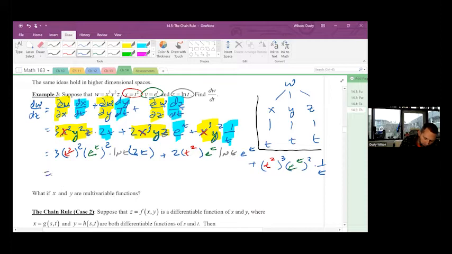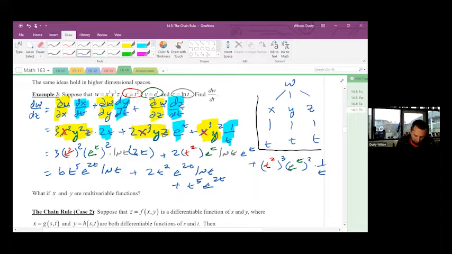So if we clean all this stuff up, it looks like we have 6 t to the 5th e to the 2t ln of t plus 2 t squared e to the 2t ln of t plus, I got t to the 6th over t, so t to the 5th e to the 2t.